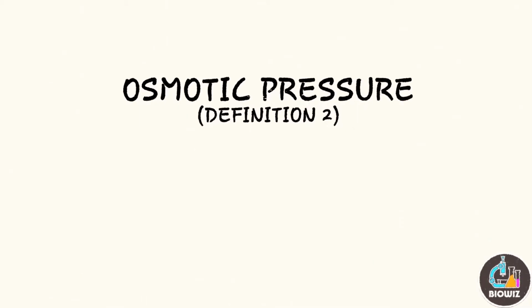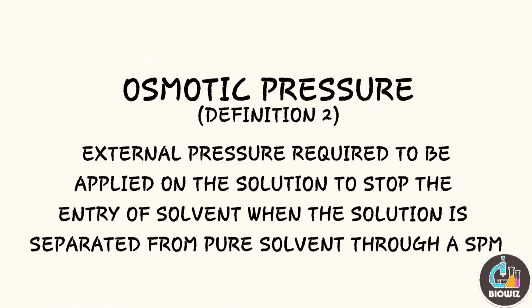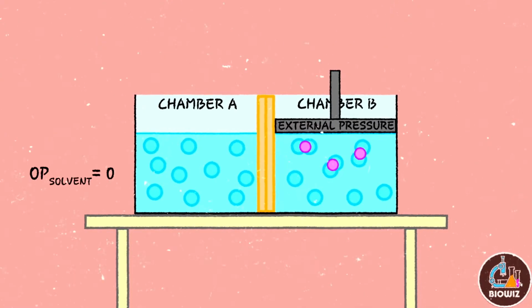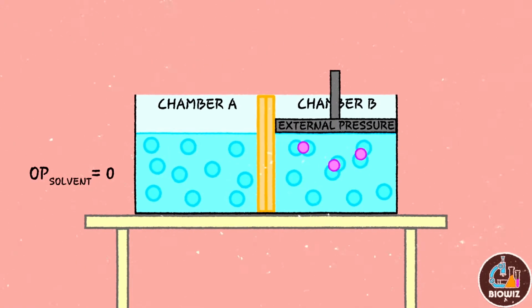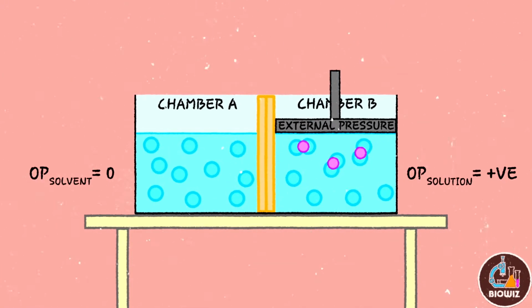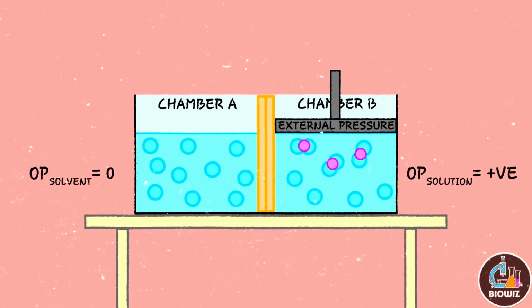So we can define osmotic pressure in another way, that is, the external pressure required to be applied on the solution to stop the flow of solvent when the solution is separated from pure solvent through a semi-permeable membrane is called osmotic pressure. For pure solvent, the value of osmotic pressure is 0, and for solution it is always positive.